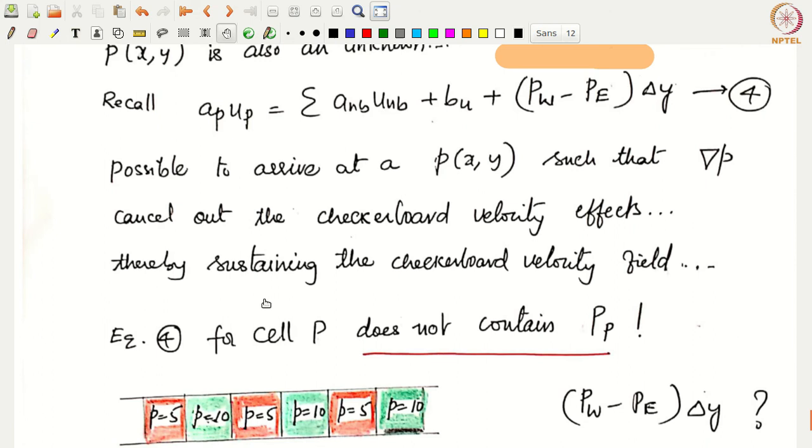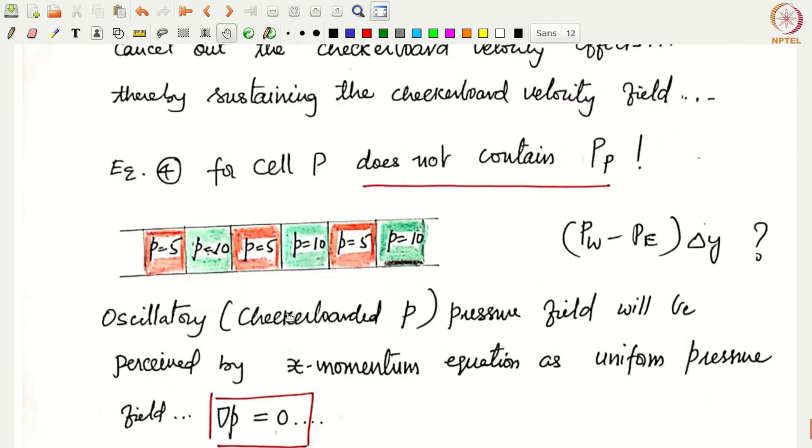Okay, do you see that? So the pressure oscillations, the gradient of which could cancel out the velocity checkerboarding, will in turn sustain the checkerboarded velocity field, not only in the continuity equation but also in the momentum equations, because now your pressure field might support it. Okay, so you may get such a pressure gradient field which might cancel out the velocity checkerboarding.